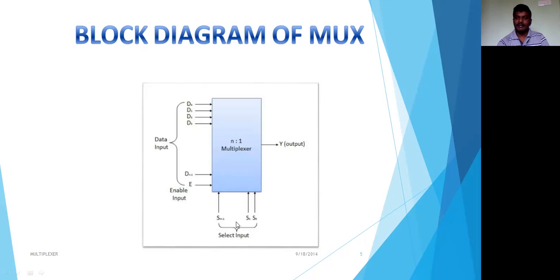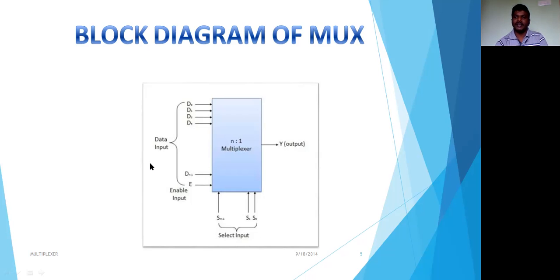If there are m select lines, then the number of input lines will be equal to 2 power m. So in general, mux can be represented as an n is to 1 multiplexer.